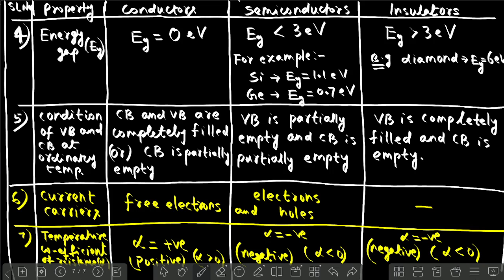So 7 points we completed. Now another 4 points, listen. The effect of temperature on resistivity and resistance, that also we will see, and the next examples. So first complete all of you.